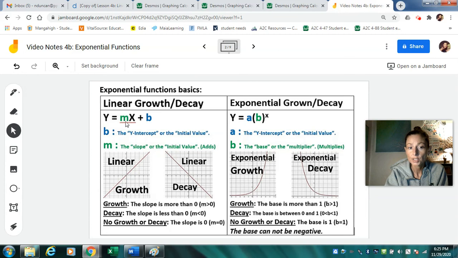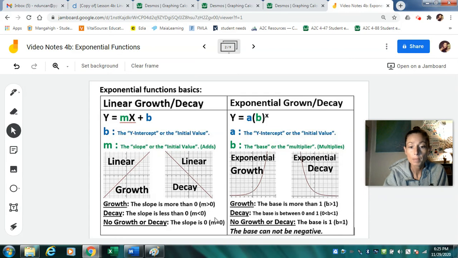With linear functions, we have m, which represents the slope, and that's not supposed to say initial value, that's supposed to say growth rate. So what happens is that it will grow by adding that amount. But with exponential functions, we have the base or the multiplier, and it grows by multiplying that amount.